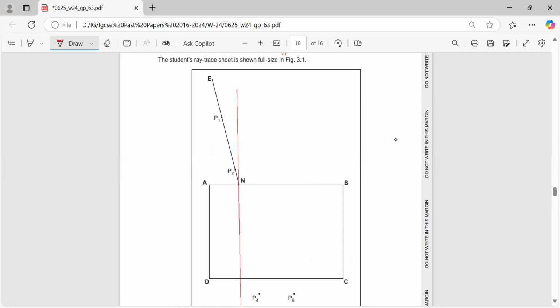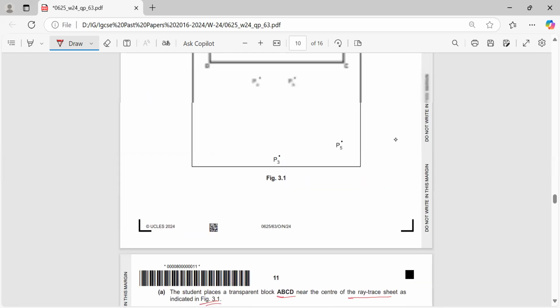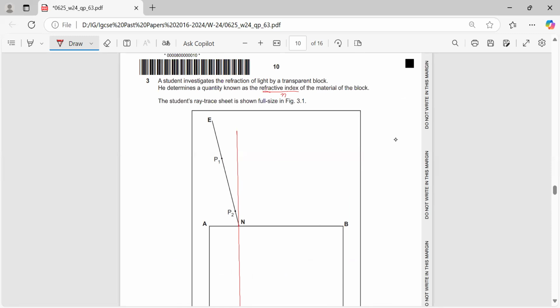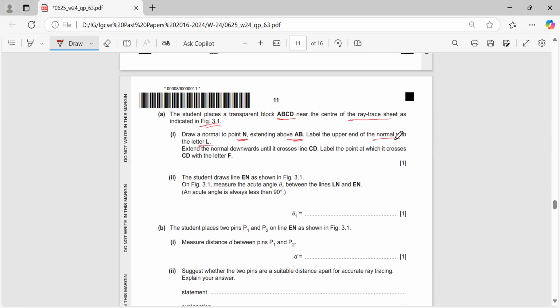The normal is drawn, and the upper end of the normal we are supposed to label with the letter L. So here I'm writing the capital letter L. Especially in refraction of light as well as in reflection of light, we have to be very careful regarding the letters used to label particular points in the diagram.